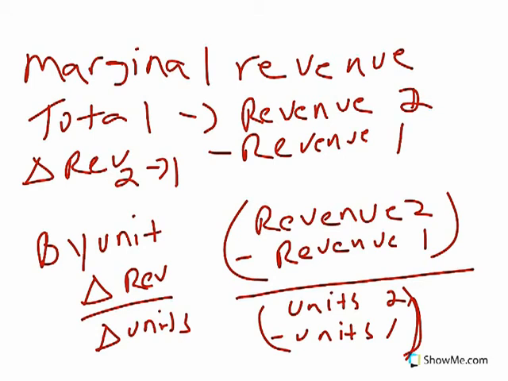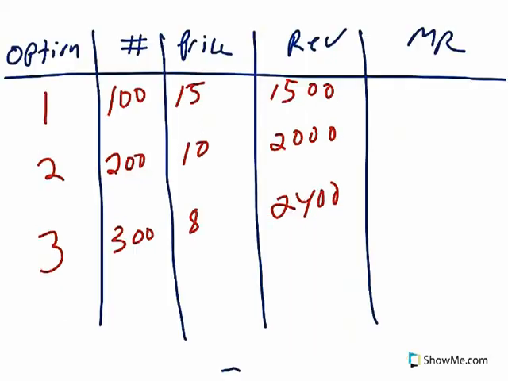To calculate marginal revenue by unit, you take the revenue from the second option, subtract the revenue from the first option, and, as we did with marginal cost, divide that number by the change in units, or the production run in option 2 minus the production run in option 1. In economics and finance, we use the Greek symbol delta, or the triangle, to signify a change, which means an addition or subtraction from one option to the next.